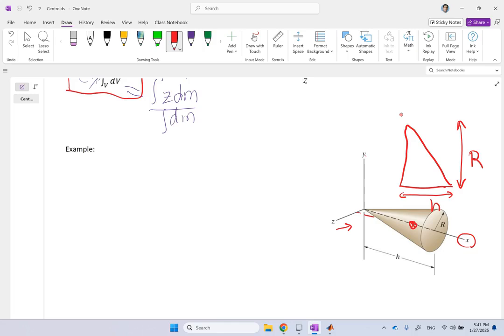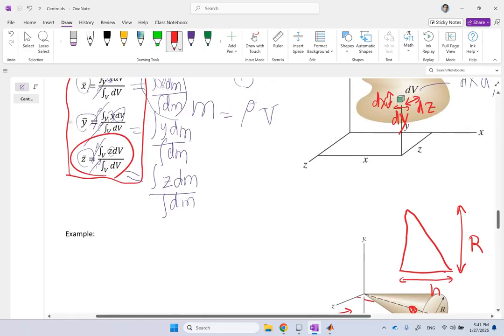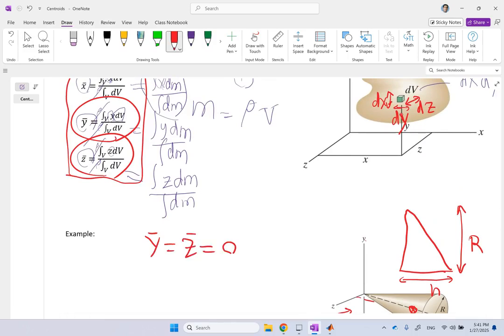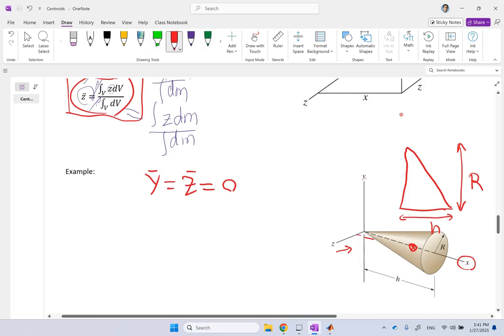So before I even do these integrations, I know in this problem y bar and z bar have to be 0 because the centroid of this object is on the x-axis, on the axis of symmetry. So I don't even need to calculate y bar and z bar. But x bar of it, which is not 0, I have to find. Okay, this distance from here to here, x bar, I have to find. That's not 0.